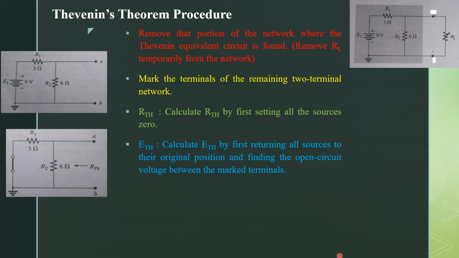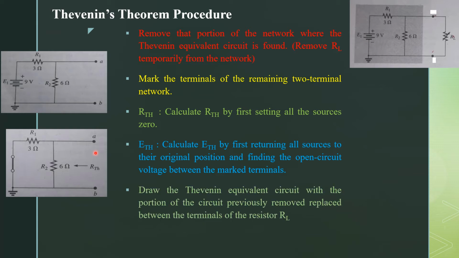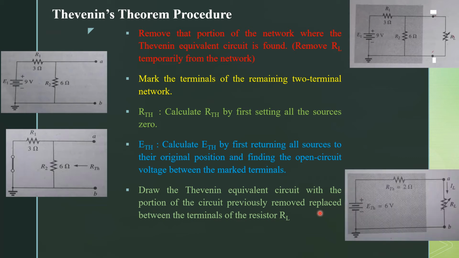In the next step, we have to find the value of E Thevenin, meaning the Thevenin voltage. In order to find the value of E Thevenin, return all the sources to their original position and find the open circuit voltage between the marked terminals. We have to find the voltage at points A and B. In this case, you will see that the voltage across R2 is basically equal to the voltage across points A and B. After that, when you find R Thevenin and E Thevenin, draw the Thevenin equivalent circuit with the portion of the circuit previously removed or replaced between the terminals of the resistors.